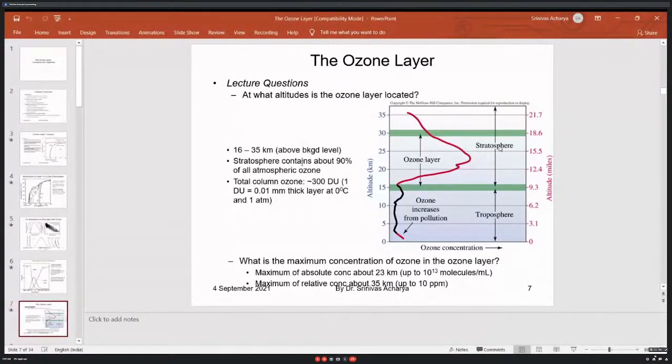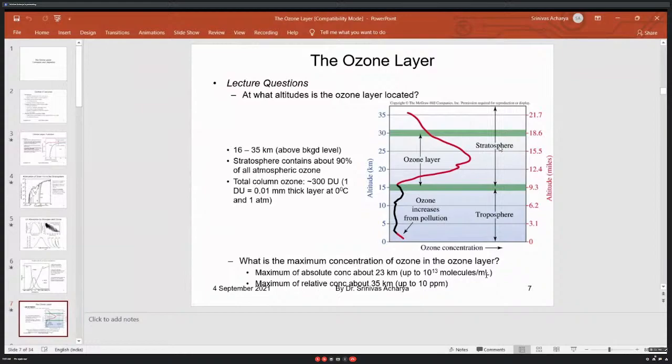Yes, sir. Okay. And the maximum concentration of this ozone layer is found at 23 kilometer, and maximum relative concentration about 35 kilometer, that is 10 to the power 13 molecules per ml, or you can say that is up to 10 ppm at 35 kilometer. 10 ppm means 10 parts per million. And here you can see 10 to the power 13 molecules per ml.